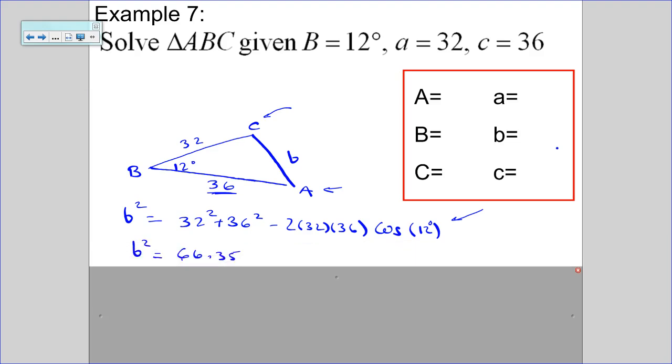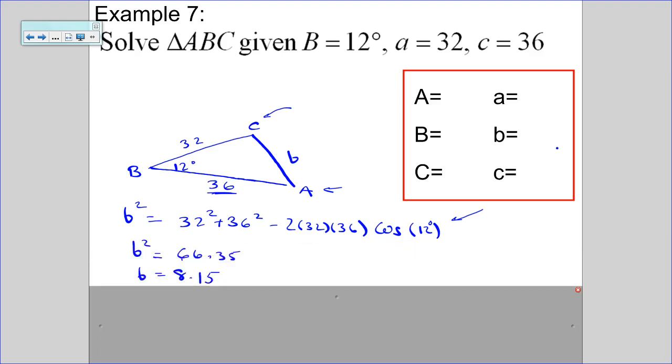That allows me to find b squared, which allows me to find B. Okay? Now, I went through and I used the law of sines to find A and C, and I'd like for you to do that now. Okay, pause the video, and the answers are coming up in just a second.